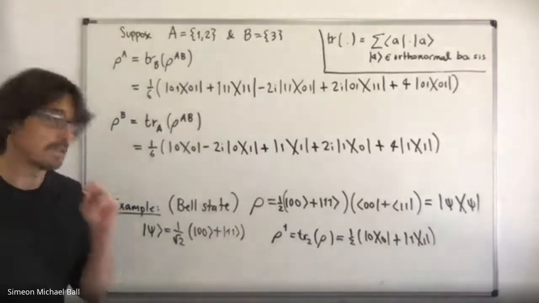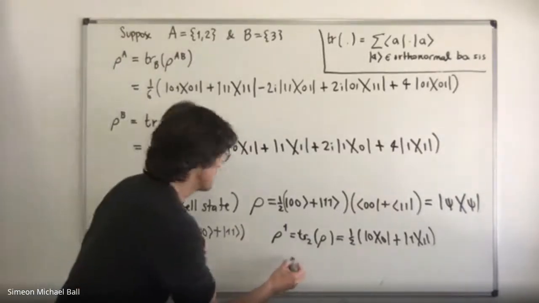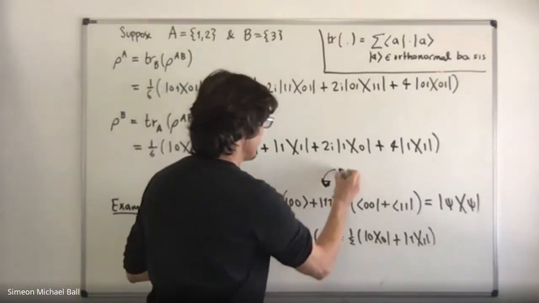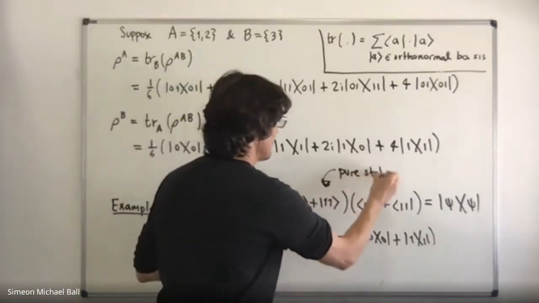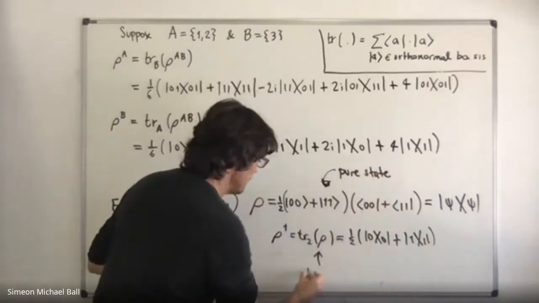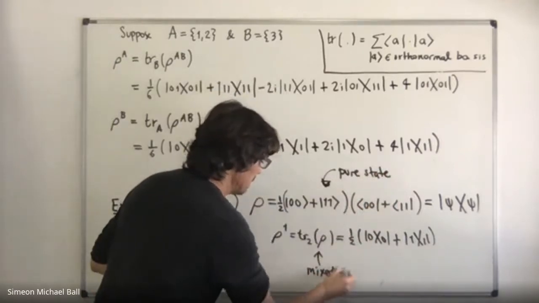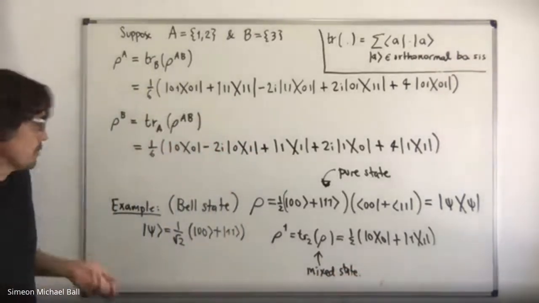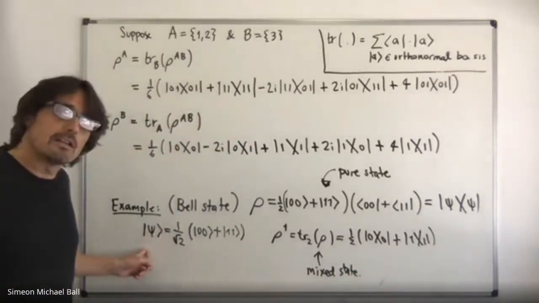And this is a mixed state. This is a pure state, and here, when I trace, I get a mixed state. And this has got, of course, something to do with the fact that psi is entangled.